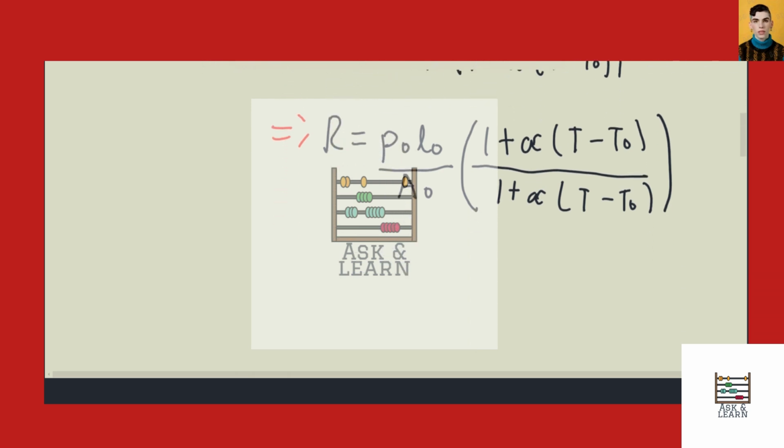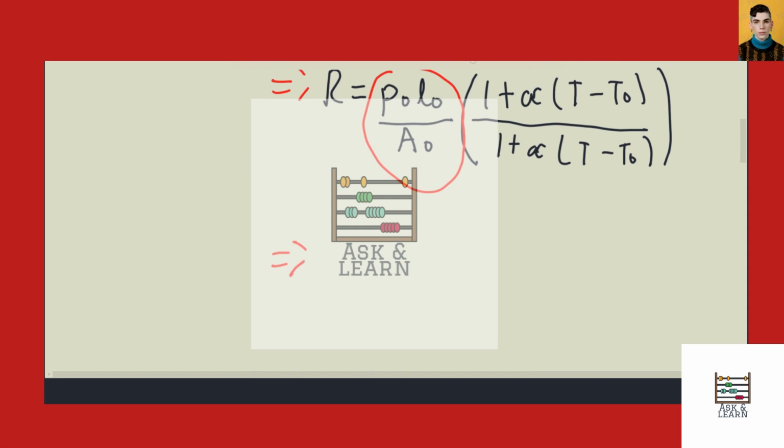And now this term here is just going to be equal to R naught. So again, we rewrite this as R is equal to R naught times this expression.